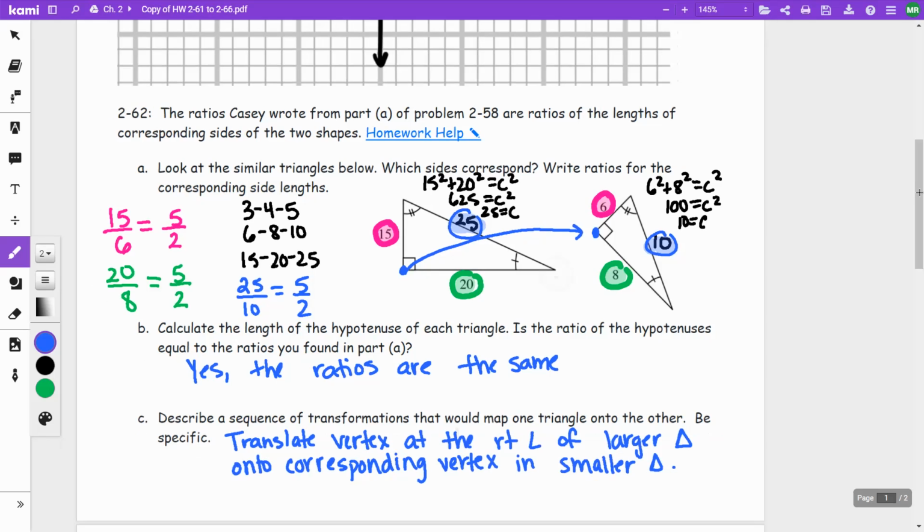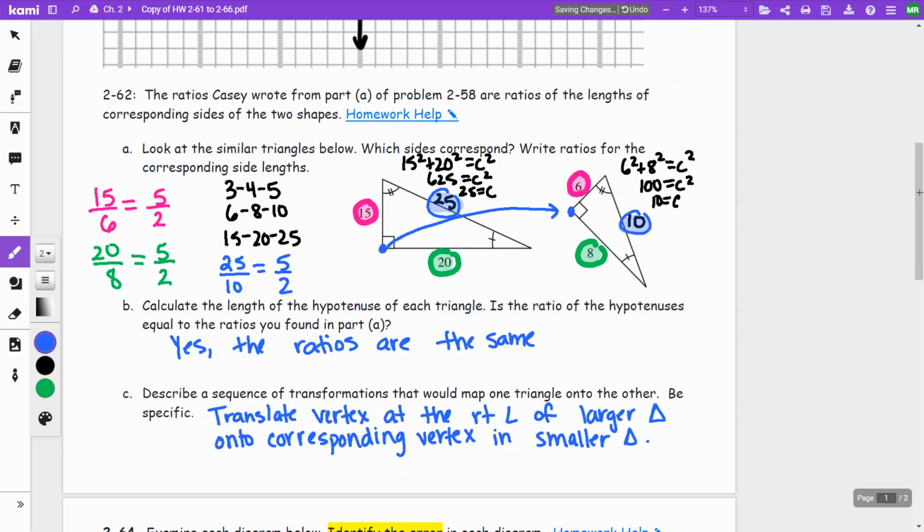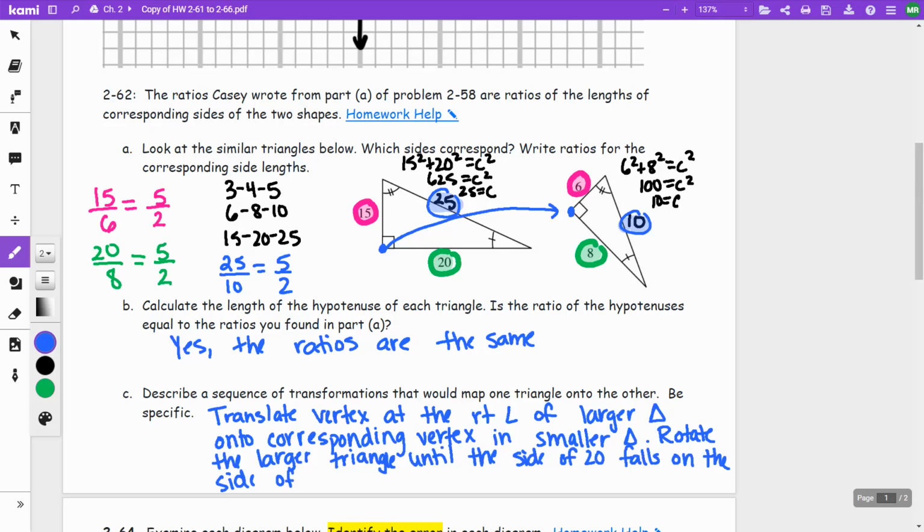When I do that, they're not going to be the same direction. So the next thing I'm going to do is rotate the larger triangle until the side of 20 falls on the side of 8, because that's the corresponding side in the other triangle.